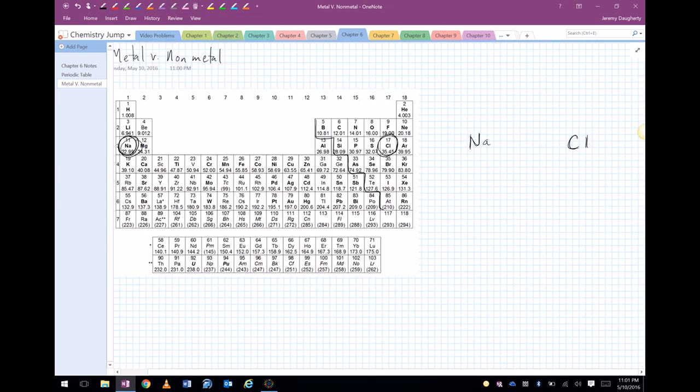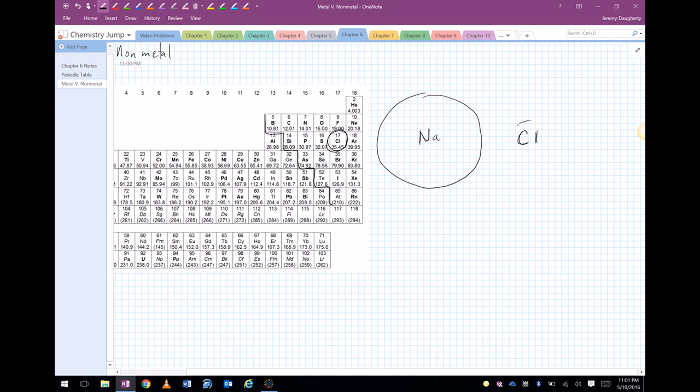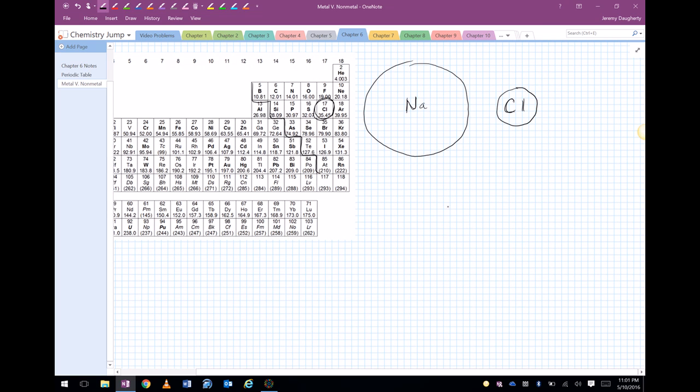Okay, now, what's the size of sodium compared to chlorine? Pause. Get your answer. Well, sodium is a large atom. So I'm going to draw sodium about like this. Right? Compared to chlorine, sodium is large. Chlorine is small. So here's chlorine. Okay? Now, let's talk about Coulomb's law. Coulomb's law says that there's a force of attraction here. And that force of attraction depends upon the charges, Q1 and Q2.